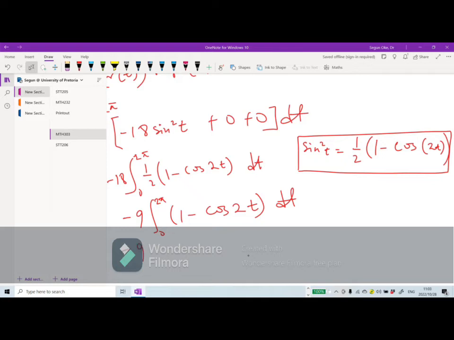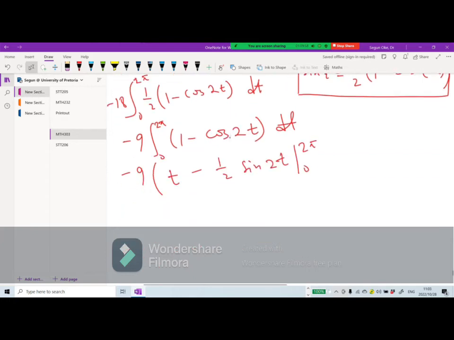Let's integrate this: we have t minus 1 over 2 sine 2t, from 0 to 2 pi. If you solve it very well, you will have negative 18 pi. Please solve it. All you need is to substitute your pi inside. Any question?